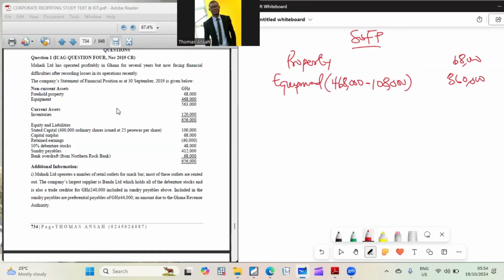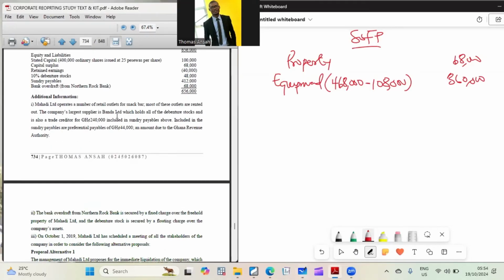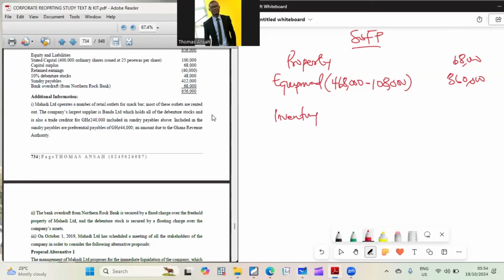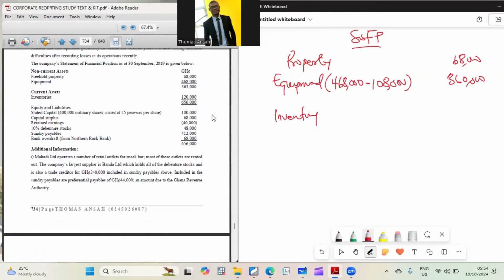So was something said about inventory too? I don't remember anything said about inventory. So it means we can get our inventory as well. Please, the balance sheet is prepared using assets equal to capital plus liability. So inventory is how much? Nothing was said against inventory. And inventory is 120.